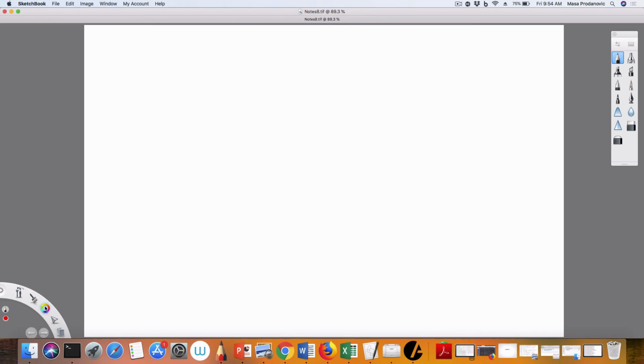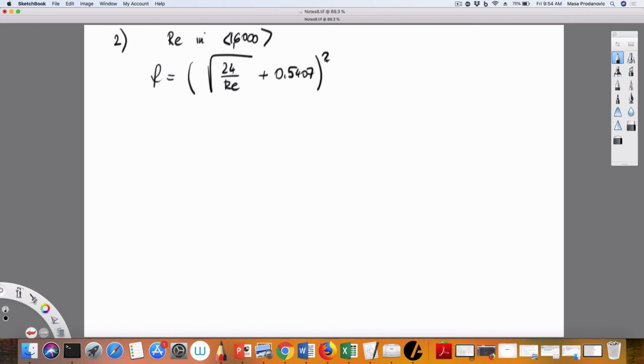So then my other option is turbulent flow, Reynolds number 1 to 6,000. In that case, f is the square root of 24 over Reynolds, squared. This is a fit to experiments. So Reynolds is a function of v_t, and that has to be equal to the friction factor over v_t squared.